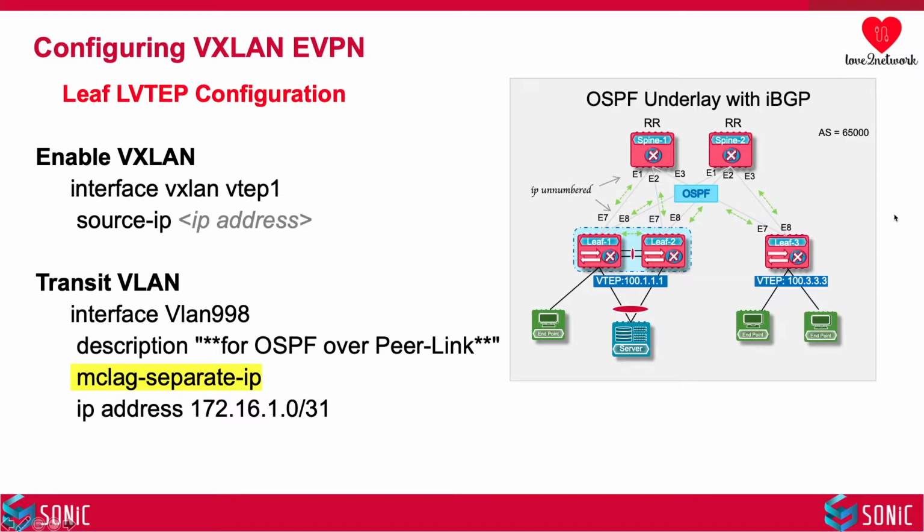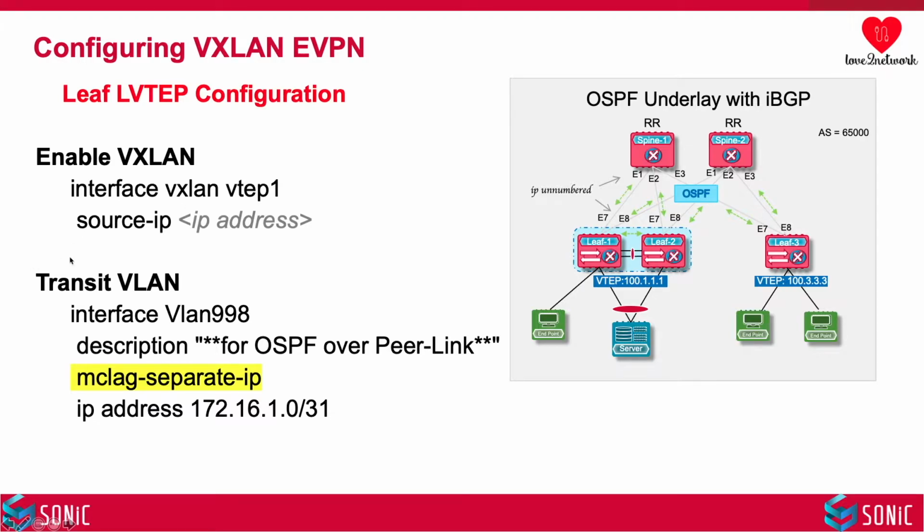We have OSPF as our underlay protocol and BGP EVPN as our overlay. It's the same autonomous system number, so our spines will perform the route reflector functionality as you would expect in an iBGP environment. Now, first important point to remember in this configuration is that both leaf 1 and leaf 2 will use identical VTEP IP addresses.